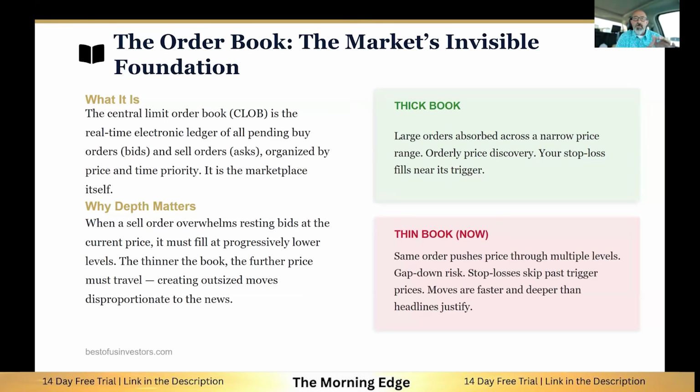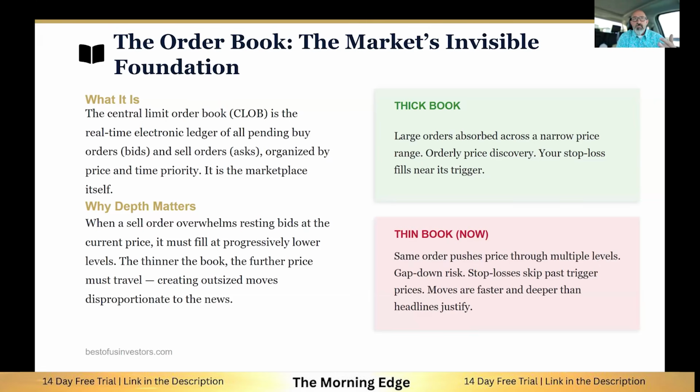But in a thin book market, which is where we are today, the same orders push price through multiple levels. Gap down risk, stop losses skip past trigger prices. They move faster and deeper than headlines justify. So, for instance, what we saw yesterday was a prime example of a thin book.